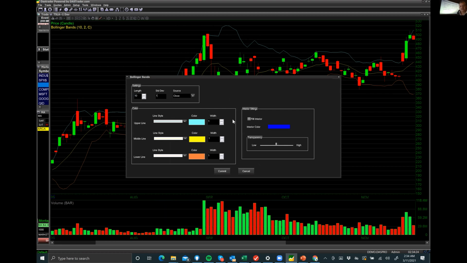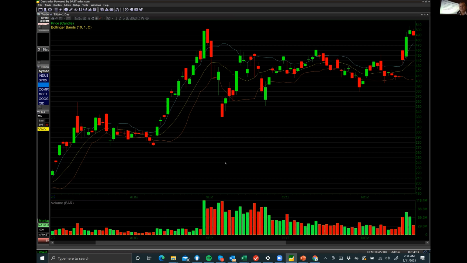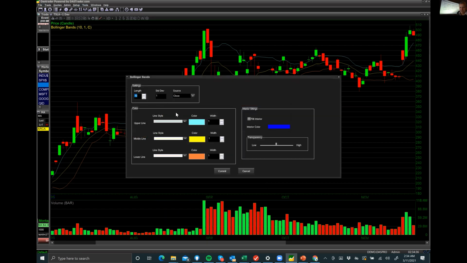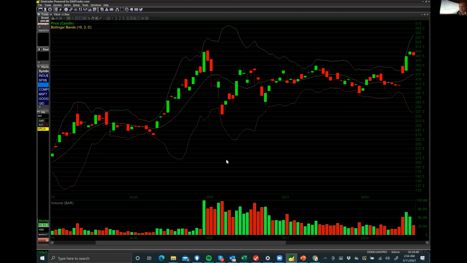Now, I want to play with some of these settings a little bit. Let's say I set this to 1 standard deviation. Notice how it contracts, okay, and squeezes on the price. Okay, and this is a great way to really play with your indicators. If we go to 3 standard deviations, now the envelopes are far away from all available price.